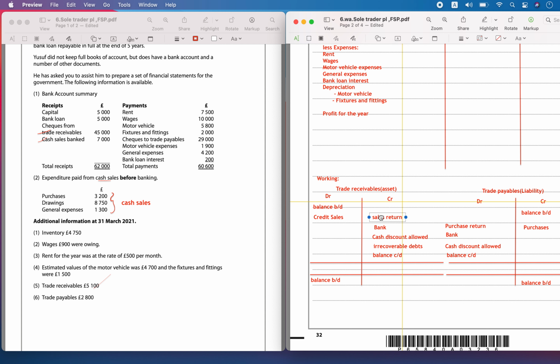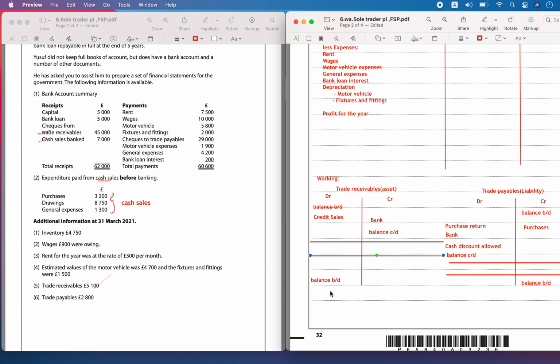We don't have information about sales returns, we just have information about how much the bank was paid, and there was no irrecoverable debt. So it's a simple trade receivables balance you can prepare, and then understand what the credit sales were. At the beginning we don't know how much they owed.